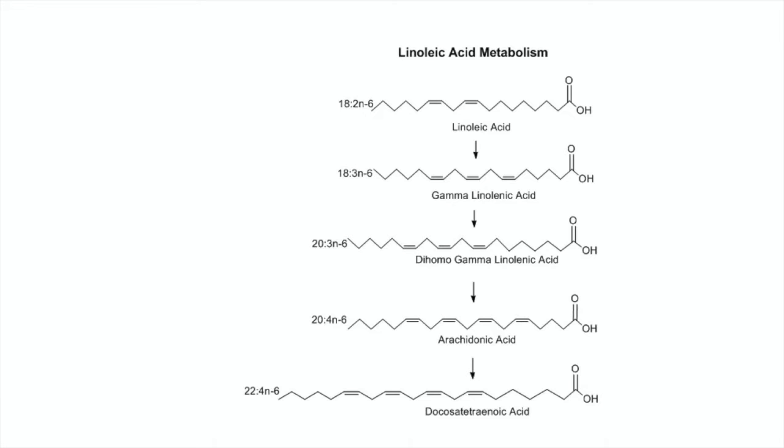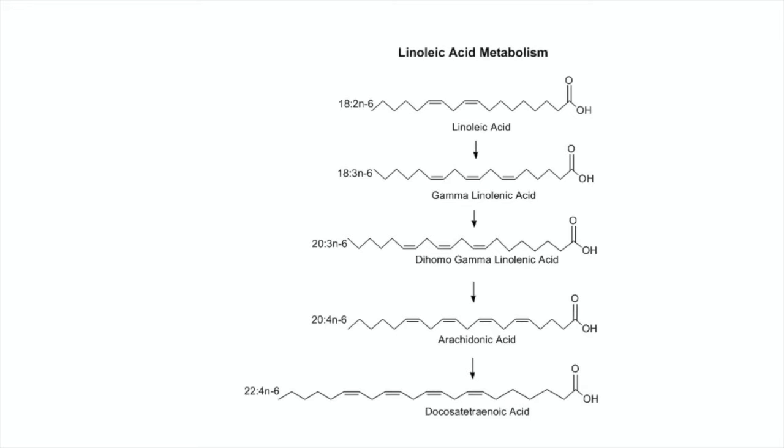Linolenic acid is shown here in the different chemical structures as it is processed by the enzymes. Eventually we come down to the second from the last, arachidonic acid, which can be inflammatory and is one of the important things we need to understand about linolenic acid.